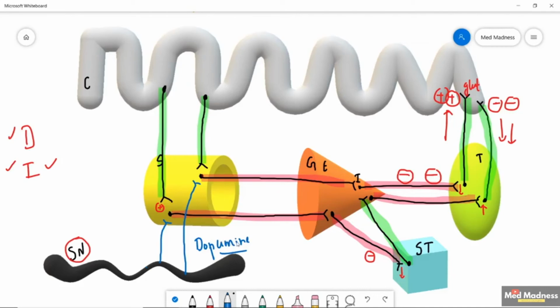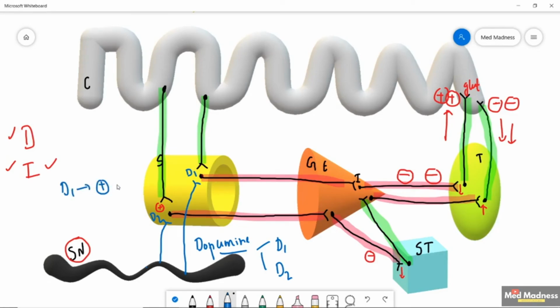So what is the receptor that the dopamine is going to act on? The dopamine acts on two types of receptors. It can be D1 or D2. In the direct pathway you have the D1 receptor, and in the indirect pathway you have the D2 receptor. Why is this important? Because D1 and D2 are different types of receptor, exactly the opposite. The D1 receptors are stimulatory.